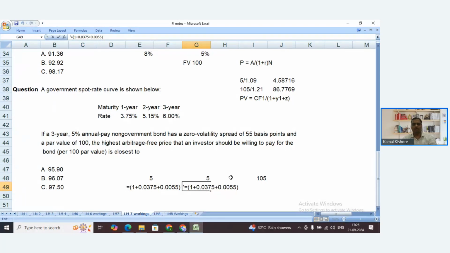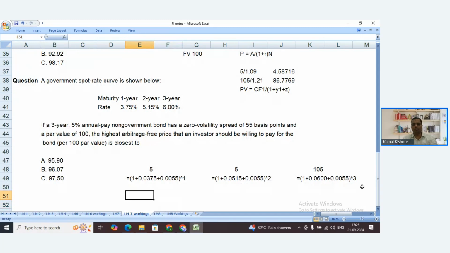Similarly here, what will I get? 1.055 plus 0.0055, the whole to the power 2. Okay, and then the third one, 1.06 plus 0.0055, the whole to the power 3. Right?